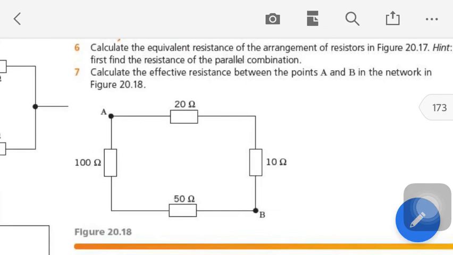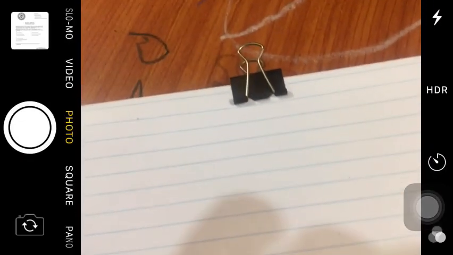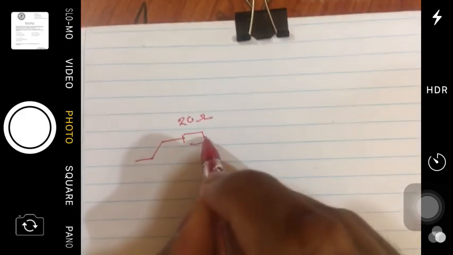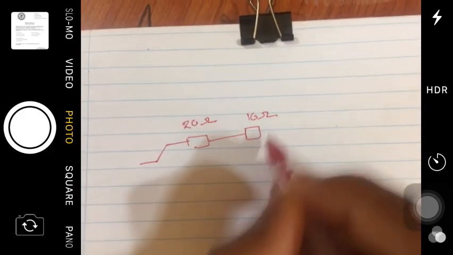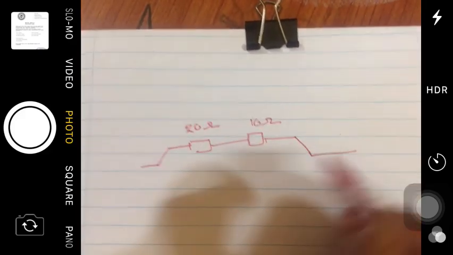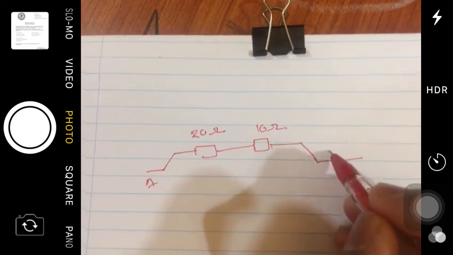So the same circuit here can be drawn like this. This is your A and this is your B. On one side you have a 20 ohm and a 10 ohm.